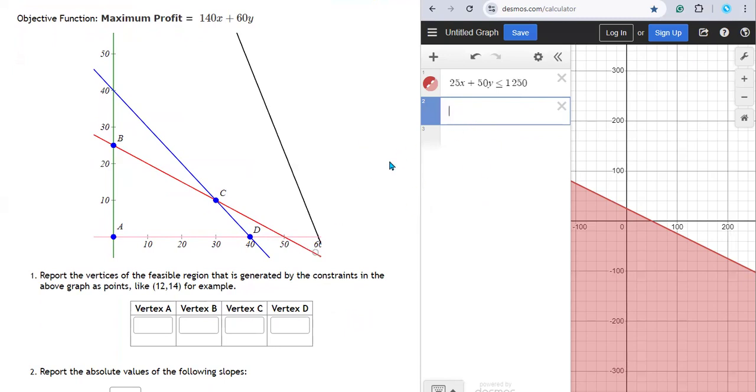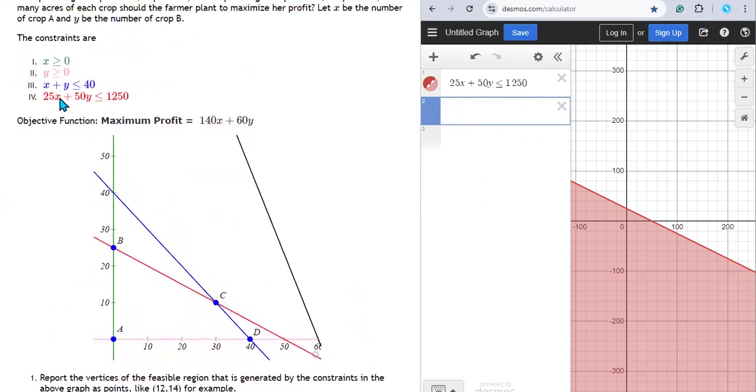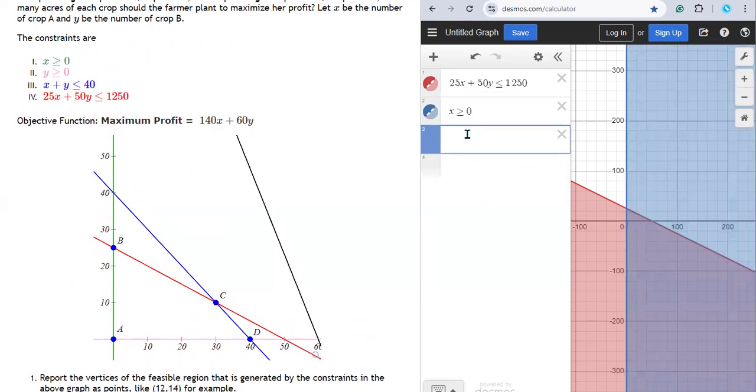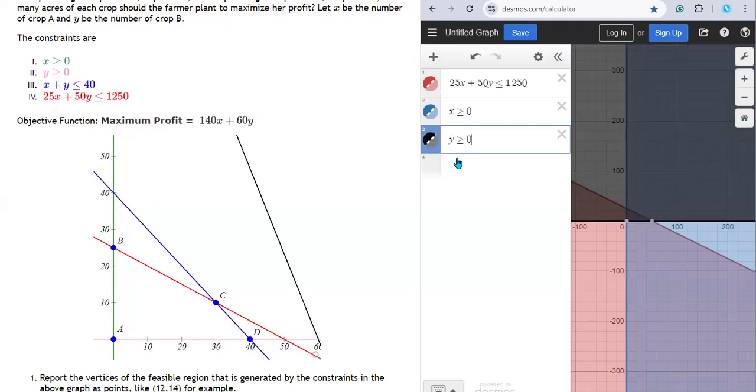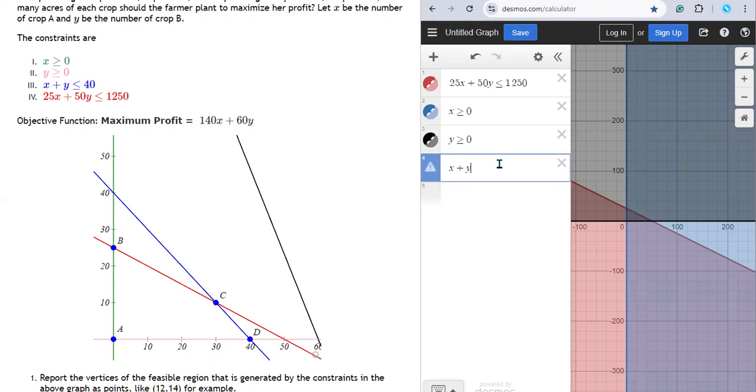The feasibility region is where all 4 of these constraints are simultaneously satisfied. So what I'm going to do is type X greater than or equal to 0, Y greater than or equal to 0, X plus Y less than or equal to 40.